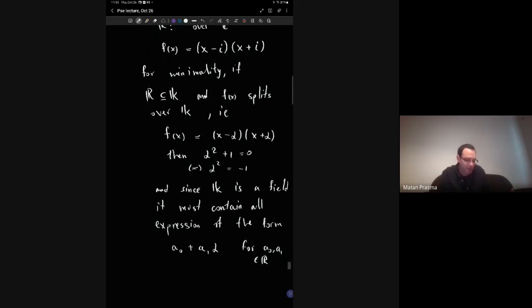So in fact, this would mean that K contains an isomorphic copy of C. I mean, essentially C. So C is really minimal with respect to this property.